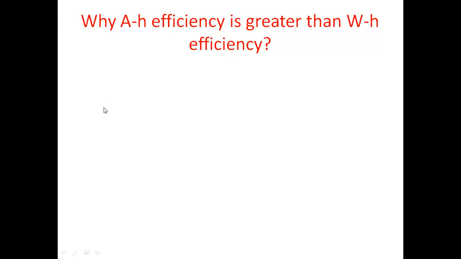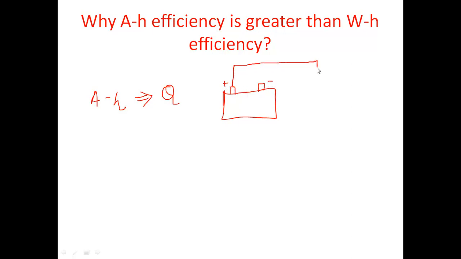The basic reason behind this is, when we are calculating the ampere hour efficiency, we are talking about the charges. The amount of charge stored inside the battery, suppose this is the battery, according to the laws of KCL will be conserved.